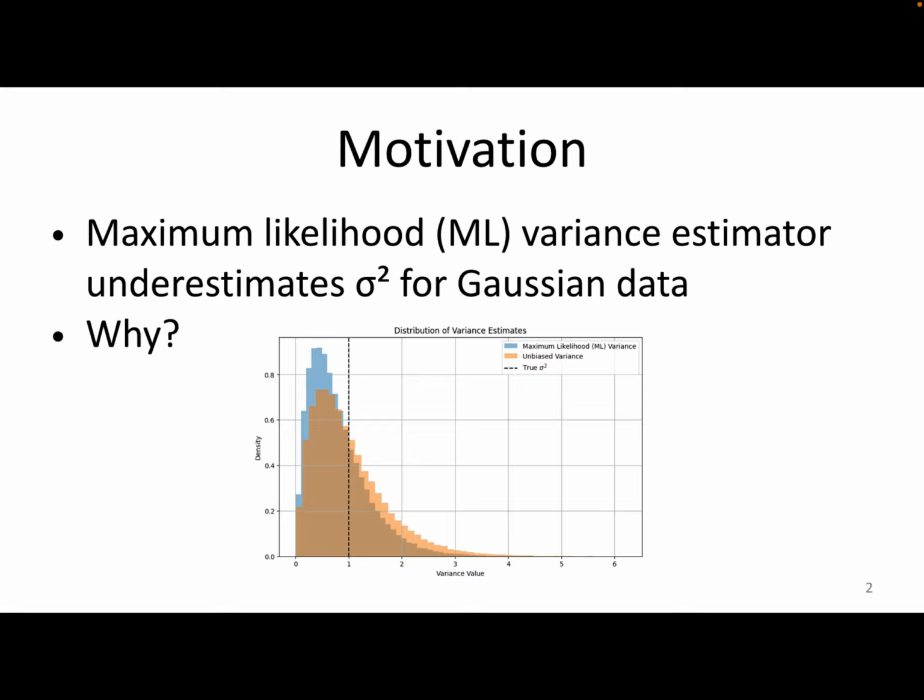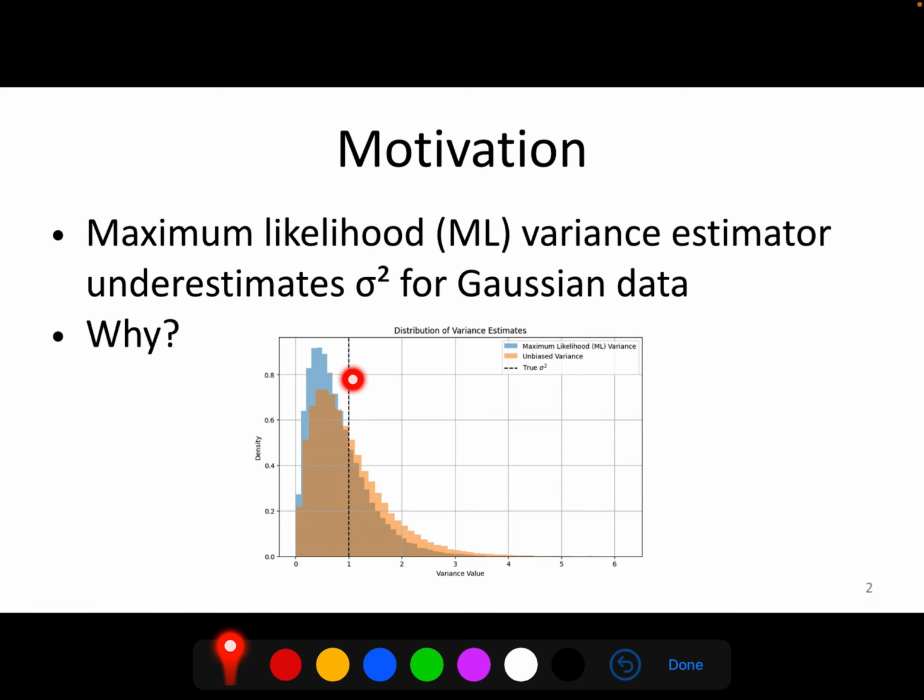The maximum likelihood estimate consistently underestimates the true variance. The orange histogram is centered exactly at the true variance, which is 1. The blue histogram, the maximum likelihood estimator, is shifted to the left. So why does this happen?